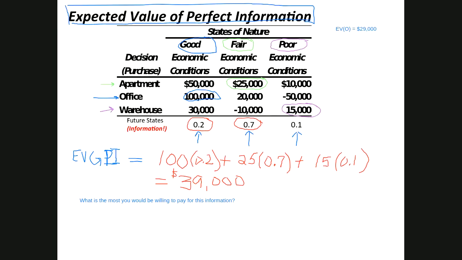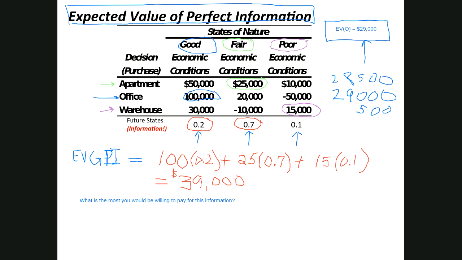And think about this for a minute. What is our expected value if we didn't have information? Hopefully you remember that the expected value of this decision without any information corresponds to our expected value of the office, which was $29,000. I'll write these up here. The warehouse was 500, and the apartment was 28,500.